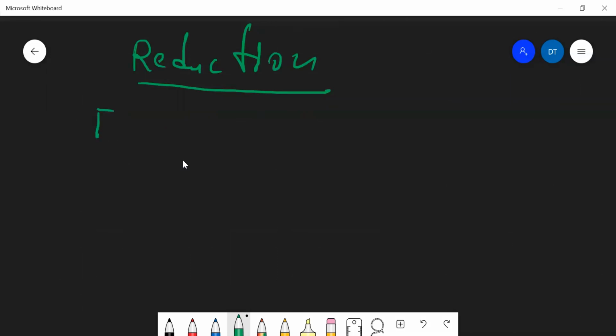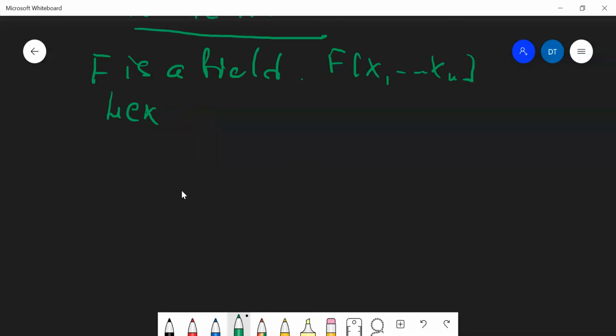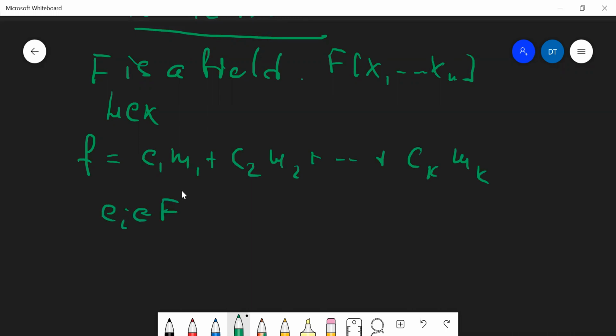So I will fix a field. I will consider the ring of polynomials in n variables, and I will fix a lexicographical order. It's just some lexicographical order. Now, if I'm given a polynomial f, then I can write it in the following form: c1 m1 plus c2 m2 plus etc. plus ck mk, where ci are just coefficients from the field, and mi are monomials of the form x1 to some power, and so on.